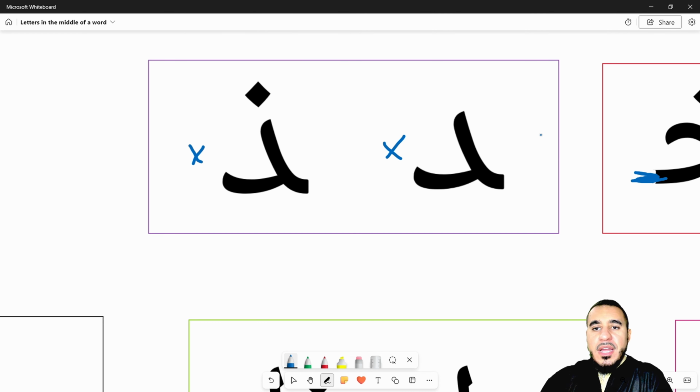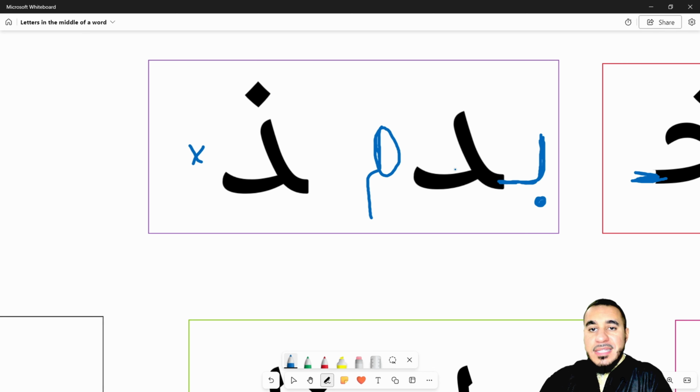For example, if we put the ba here, okay, it will physically attach to this letter. Okay, the ba will physically attach to the dal, and the same for the dhal as well. But if we wanted to, for example, put the mim after this, then it would not physically attach to this letter.